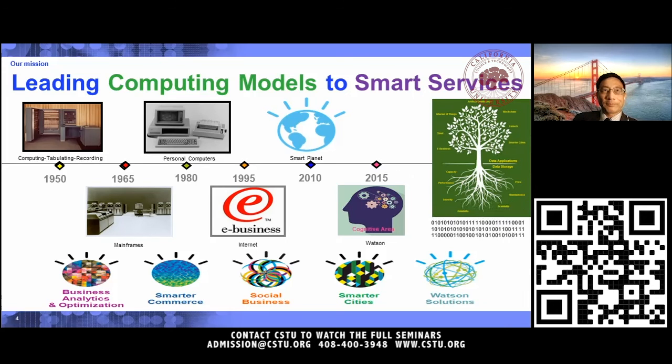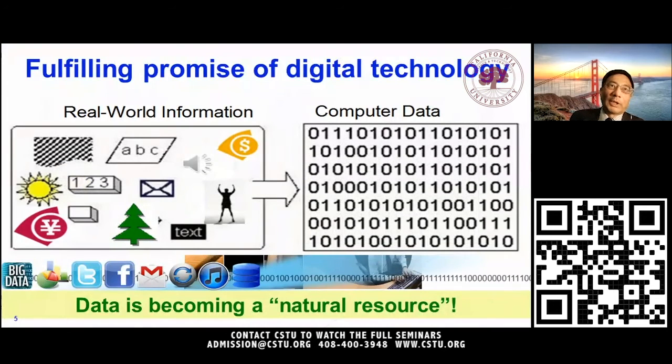Fundamentally, what we are doing is trying to convert real-world information into computing data. In the real world, we have so much information. We have sound, pictures, images, and recently we have money, either US dollars, whatever, converted into digital money, or Bitcoin, something like that. When you convert into computing data, that means binary data, 0, 1, 0, 1.